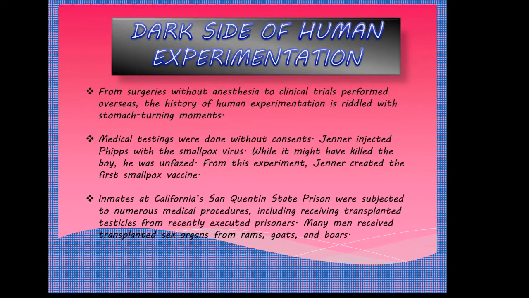Now, this is regarding the dark side of human experimentation. We all know that before a drug is introduced in the market, it needs to undergo trials in living organisms. During the initial days, when the pharmacovigilance system was developing, the experimentation was really painful.